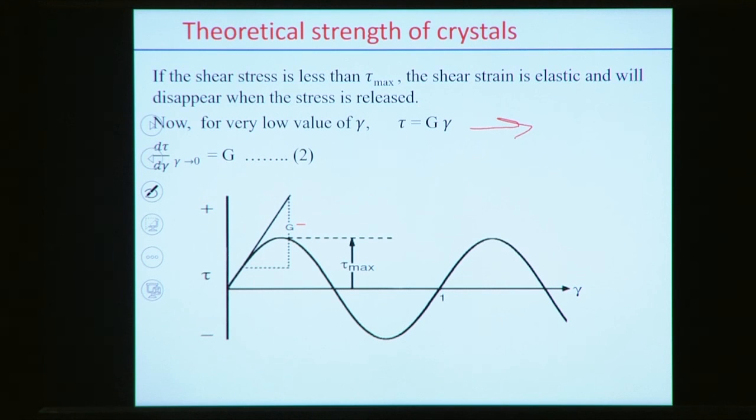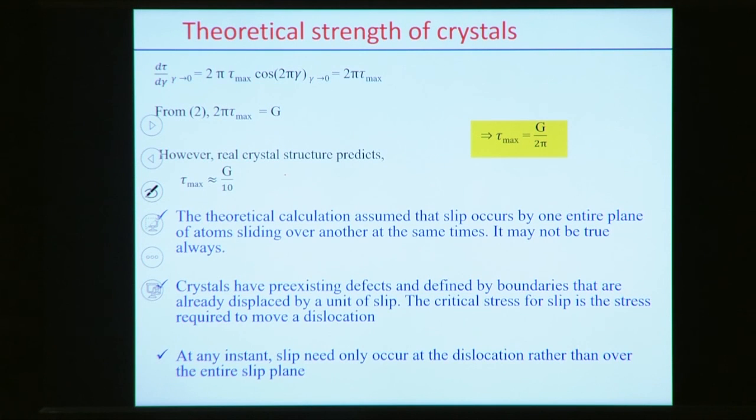Now, if we take the derivative when a very small shear strain tends to 0, then it corresponds to G. Now put this value into the equation relating the shear stress and the shear strain.